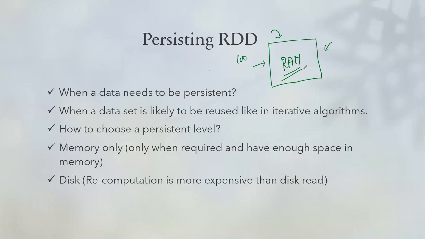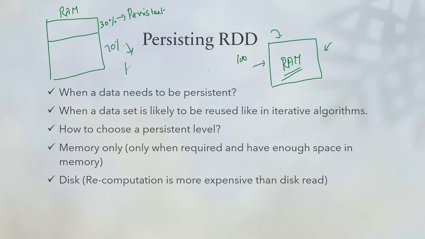That's where Spark offers an approach: of your entire RAM space, 30% of the memory I'm going to allocate for the persistence logic, and the remaining 70% is allocated for the execution purpose.